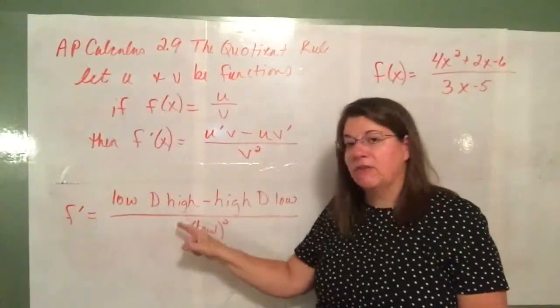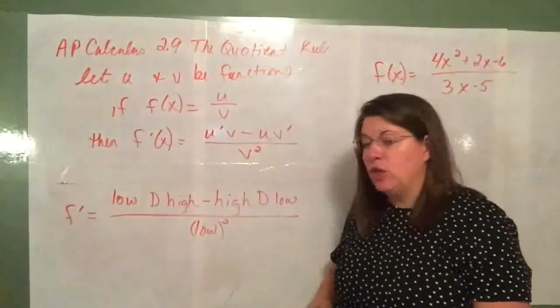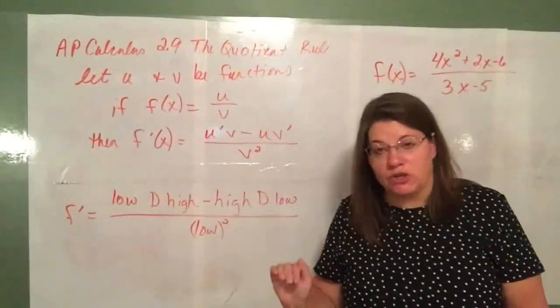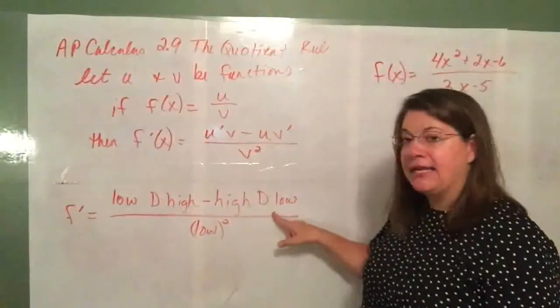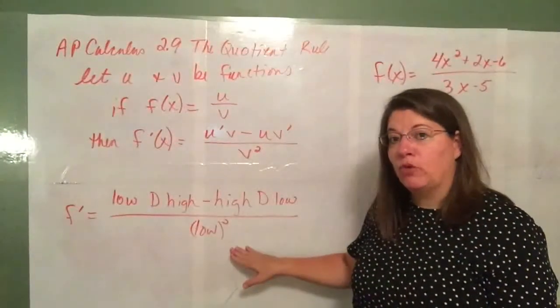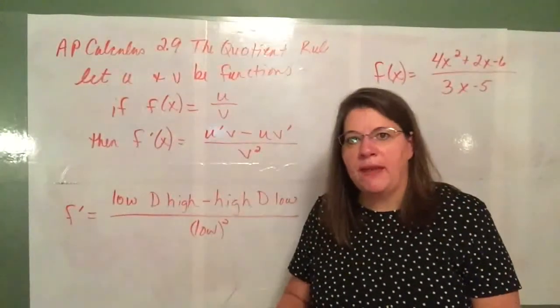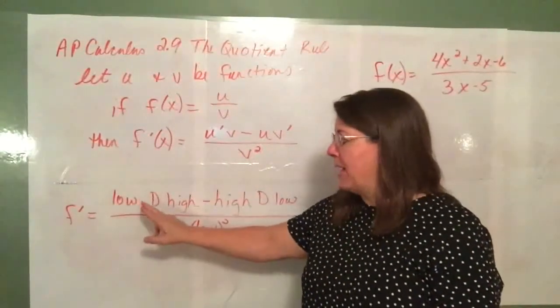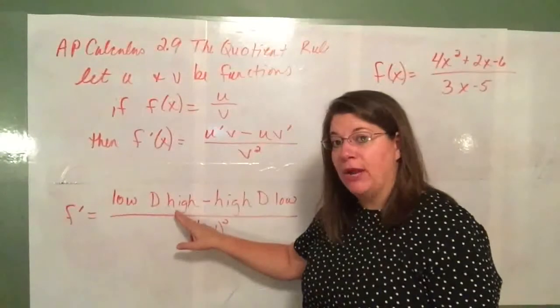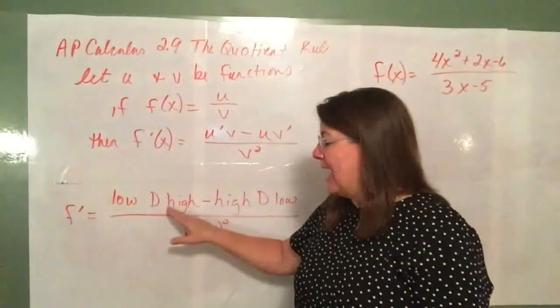Now, here's a way you can remember it. F prime, when you have a function over a function, is low d high minus high d low over low squared. So let's think about what that means. You're going to take the low function, the denominator, and multiply it by the derivative of the numerator. So that's low d high.